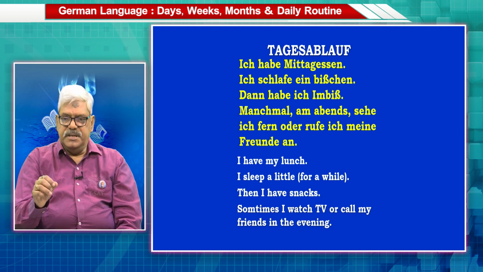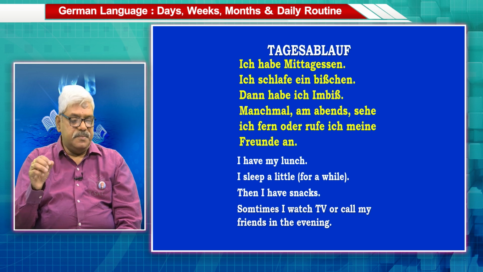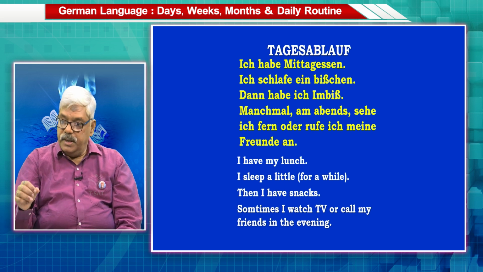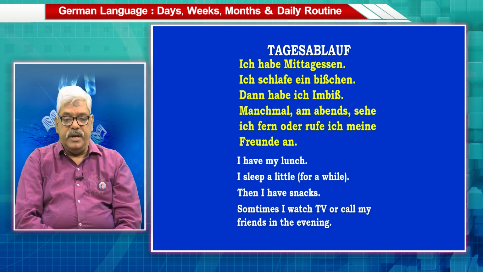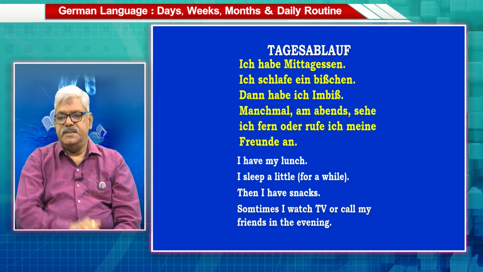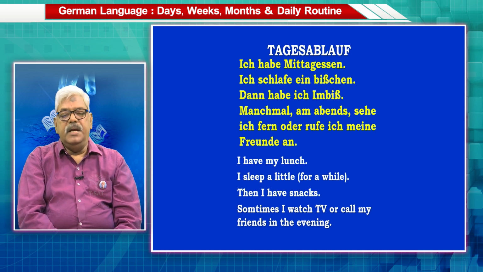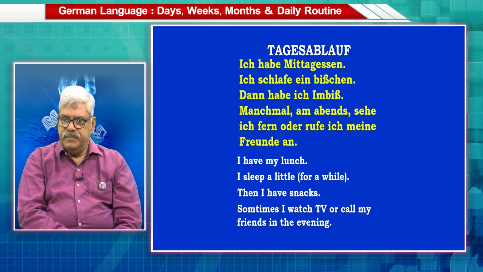Manchmal am Abend sehe ich fern oder rufe ich meine Freunde an. All these sentences in this part: Ich habe Mittagessen, ich schlafe ein bisschen, dann habe ich Imbiss, manchmal am Abend sehe ich fern oder rufe ich meine Freunde an.